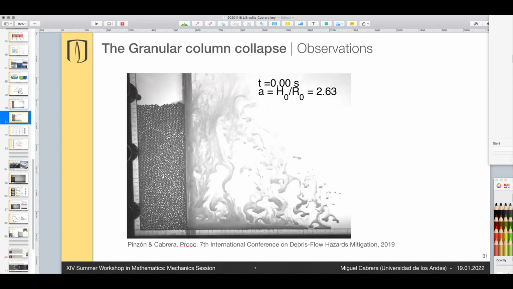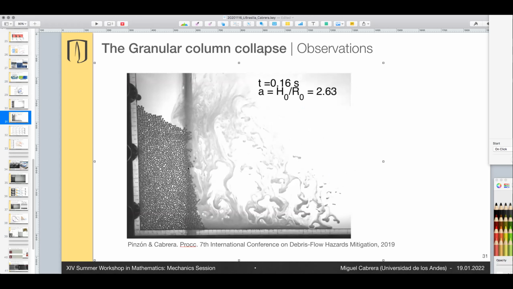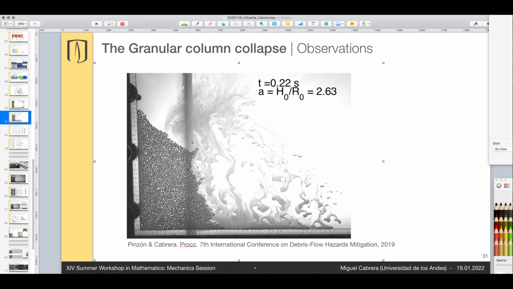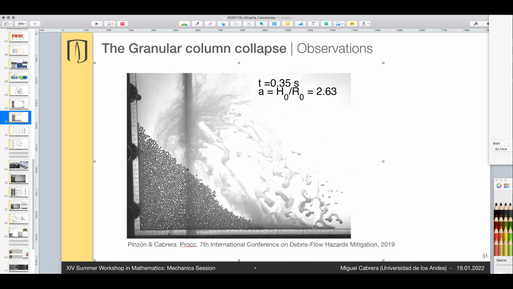And what I want to say is that you see very complex processes as well in thicker setups, and here we see them. So at the end it is the same.